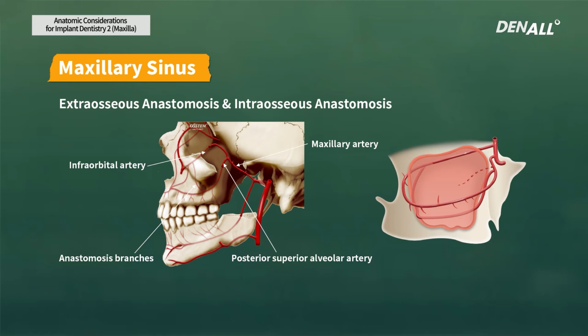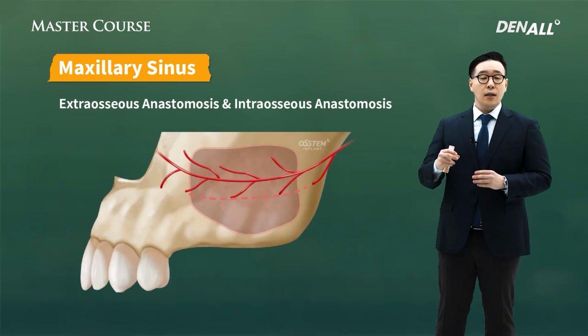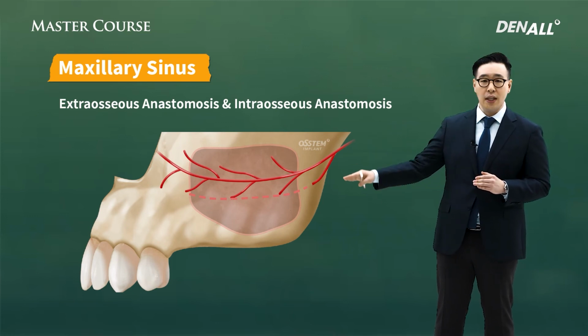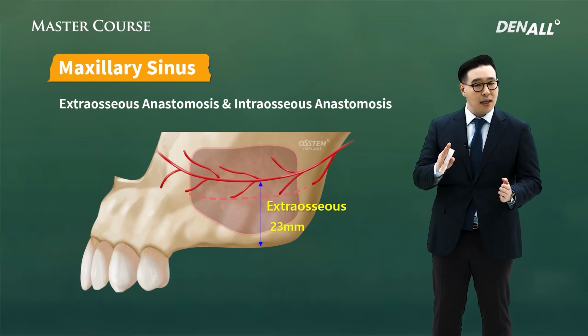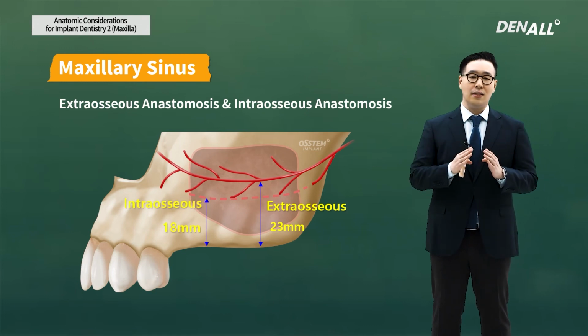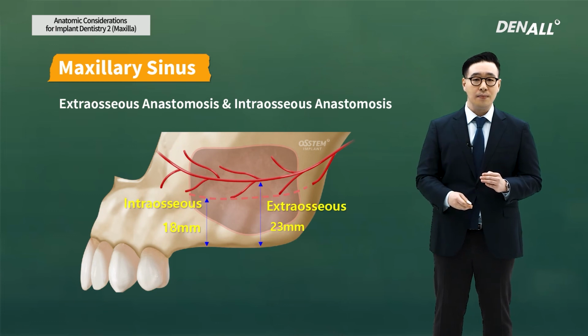On the lateral wall mucosa, you have the extraosseous anastomosis, and the blood that goes inside the lateral window is called the intraosseous anastomosis. The location is on the bone surface on the posterior side for the extraosseous one. The distance is 23 millimeters, and from the bone's surface to the intraosseous anastomosis, according to reports, it's 18 millimeters.